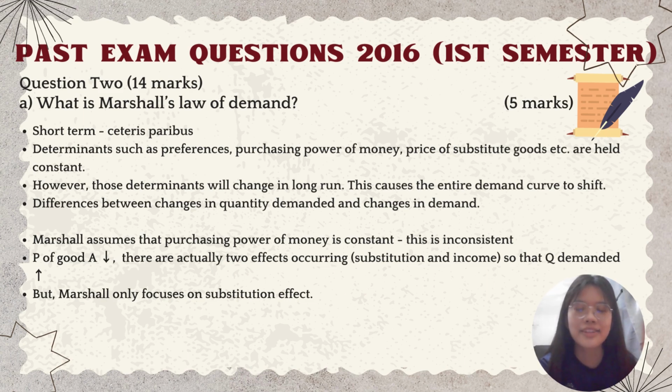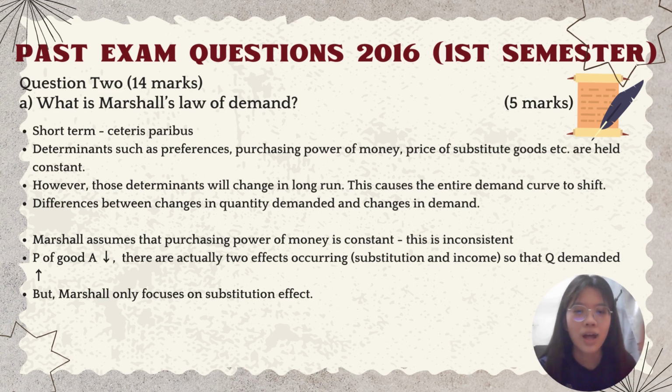Marshall also makes a clear difference between changes in quantity demanded and changes in demand. Changes in quantity demanded mean the quantity demanded will move along the curve, and changes in demand will cause the entire demand curve to shift either to the left or to the right. Nevertheless, Marshall also assumes that the purchasing power of money is constant, but this is inconsistent.